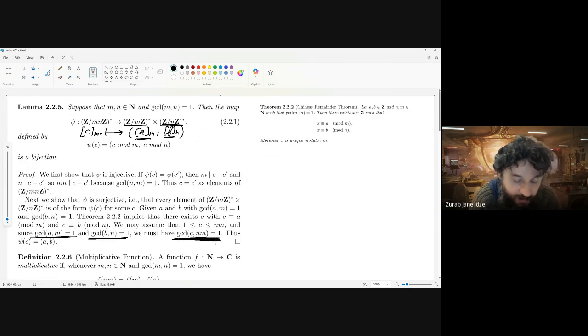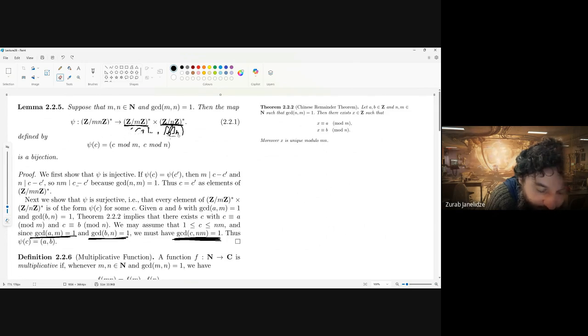GCD of C and NM is equal to 1. So the C does indeed belong to that star. Fantastic. This proves surjectivity of psi. Now that we have proved both injectivity and surjectivity, we know that it's bijective. So the number of elements in one set is the same as the number of elements in the other set. That's one of the conclusions we can draw from here.